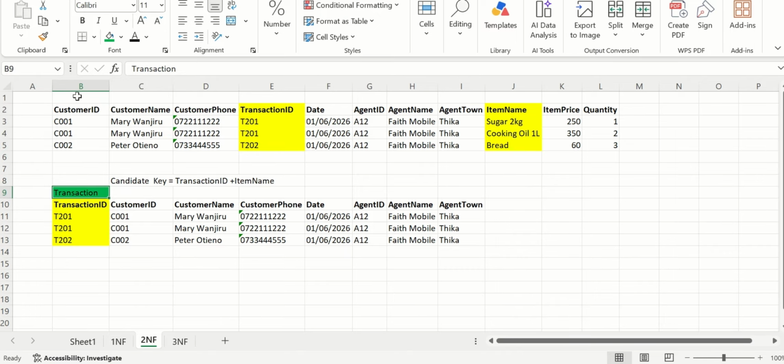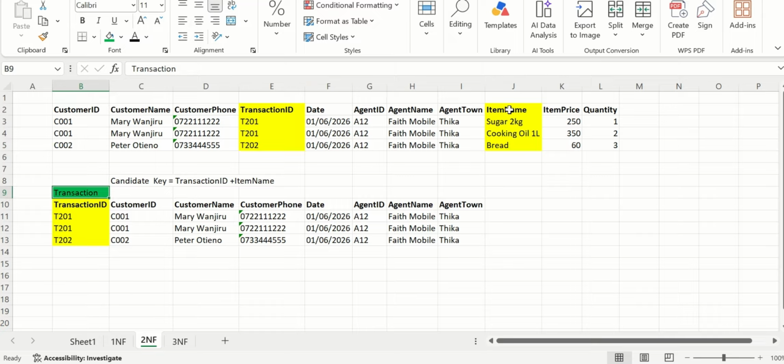We have explored the non-key columns like the customer ID, customer name, phone number, and then dates, and then agent ID, agent name, and then we have another non-key value, which is item price. So item price depends on item name.